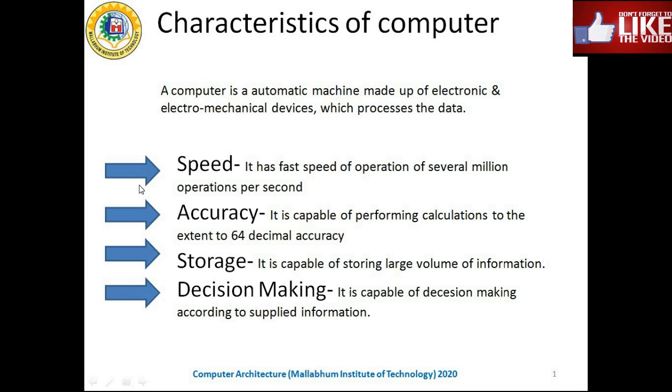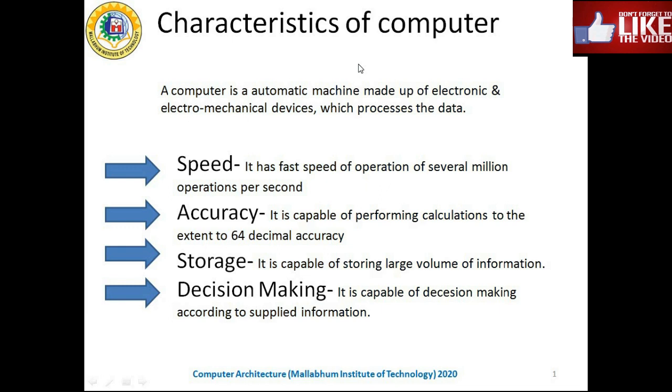But from the Babbage difference engine, as I have said, the human intervention was actually eliminated, and the computer can perform automatic tasks. So the main feature of the computer is that it is an automatic machine, and automatic machine means a human cannot intervene to help with any kind of calculation of the computer.